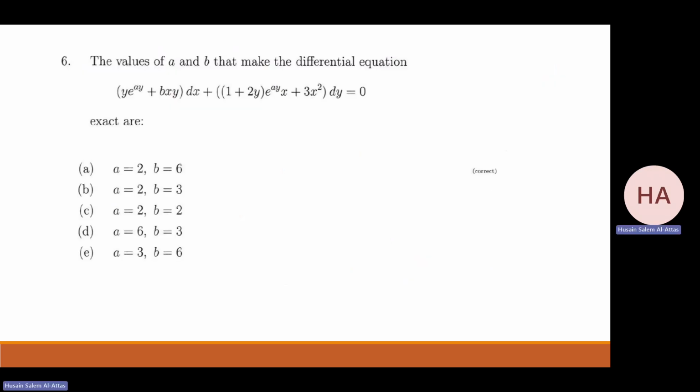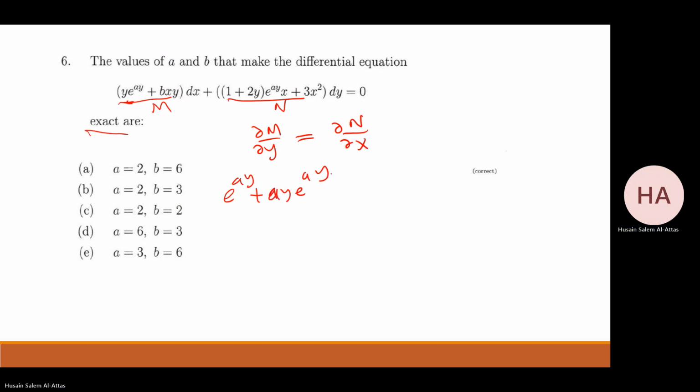Okay. More problems? Find a and b that make the differential equation exact. Look, this question is repeated many times. Usually we have such a problem in the exam. That will be M, that will be N. So partial M with partial y equals partial N with partial x. This is the product rule, you need to be careful. e to the power ay plus ay e to the power ay, plus bx equals what?